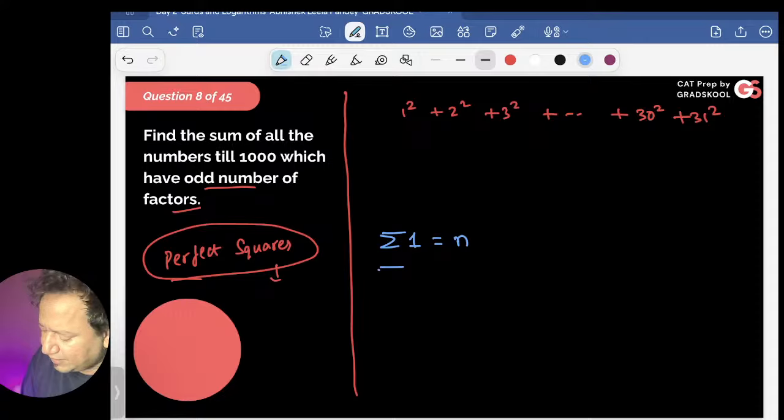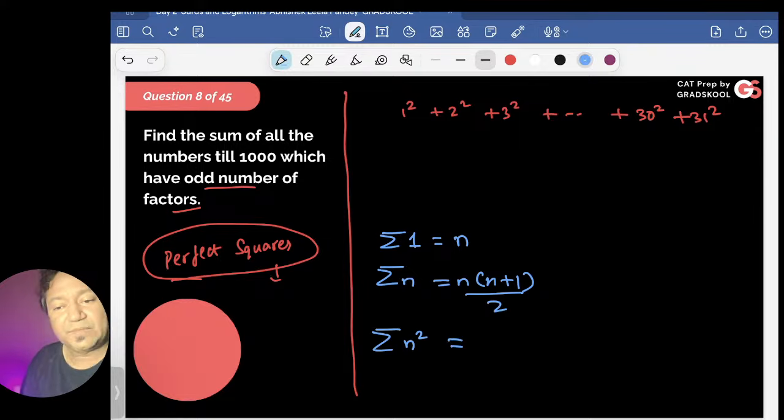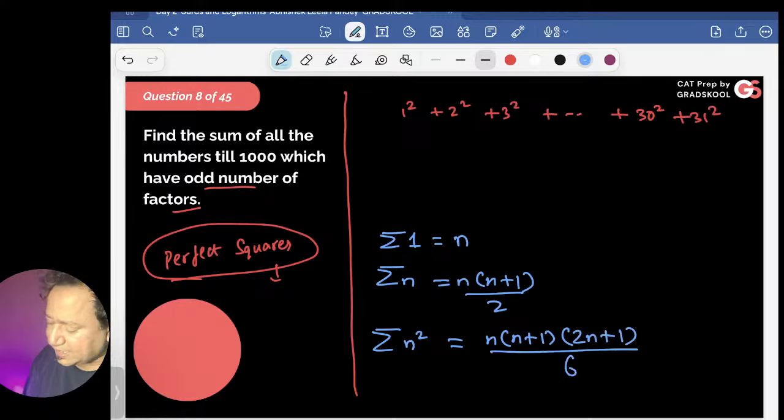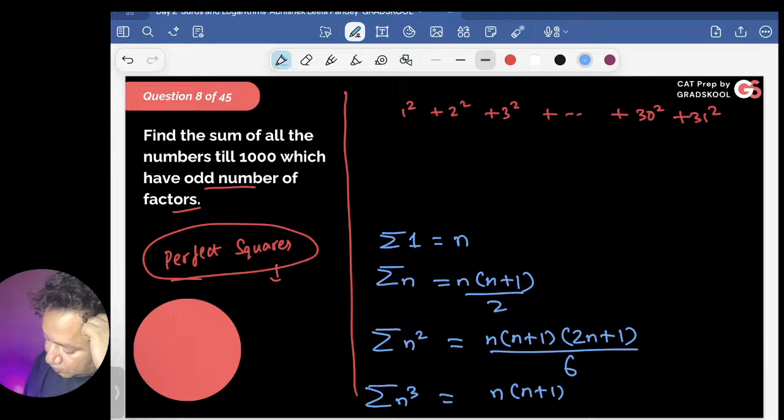But sigma of n, where n starts from 1 and goes to 2, 3, 4, 5, is nothing but the sum of natural numbers. This will be given by n into n plus 1 by 2. Just note this down. And if you want to calculate sigma n square, that is the sum of the squares of the first n natural numbers, that is given by n into n plus 1 into 2n plus 1 whole upon 6, and the sum of cubes of the first n numbers is given by n into n plus 1 by 2 whole square.